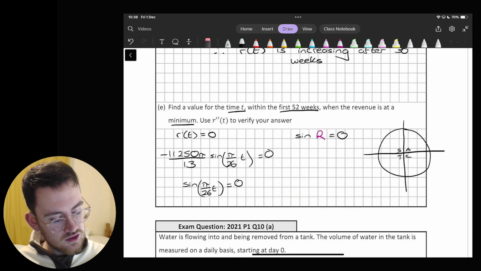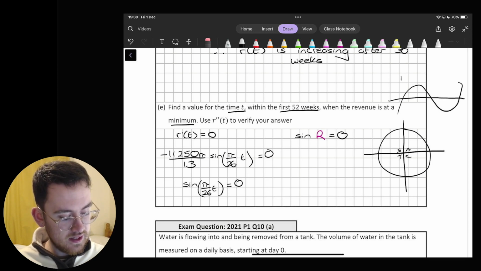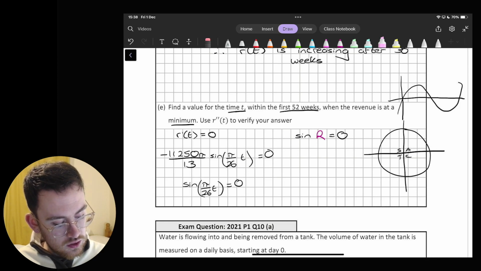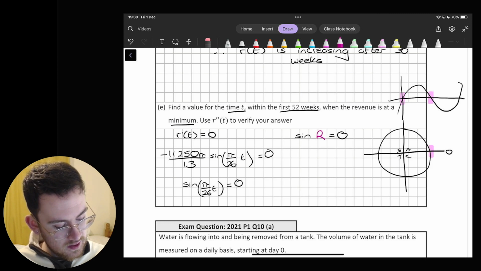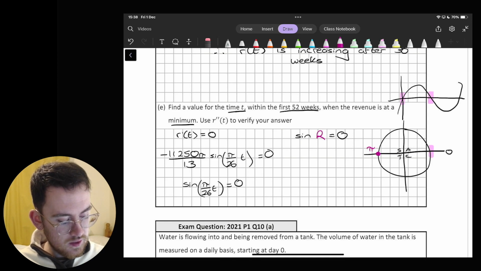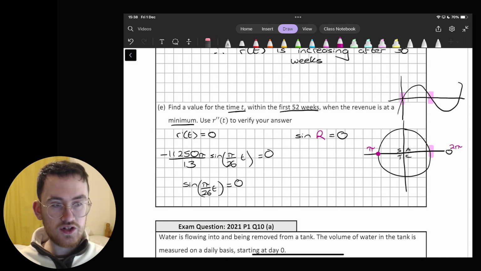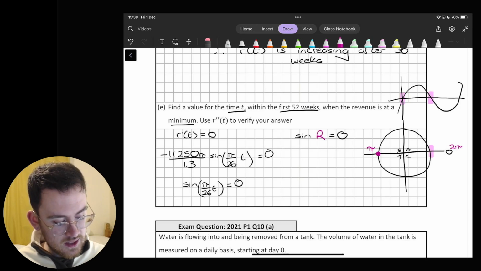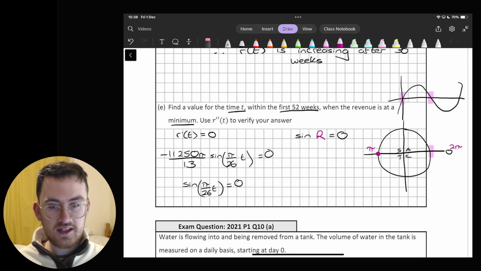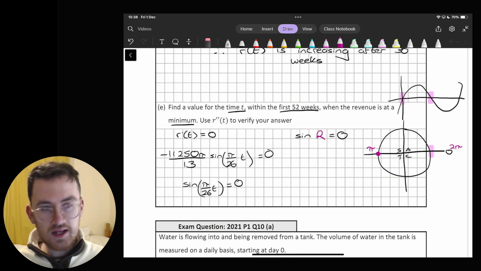If we relate our sine function to our trig graphs, we should know that our sine function is 0 at the beginning, so that's at 0 degrees, and it is also 0 again when it gets halfway around, so that would be at pi. And then similarly when we get back around to here, remembering that a full circle is 2 pi. If I was to continue on, I could get 3 pi, 4 pi, and so on and so forth.